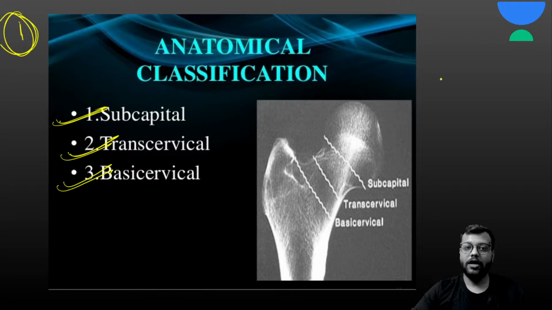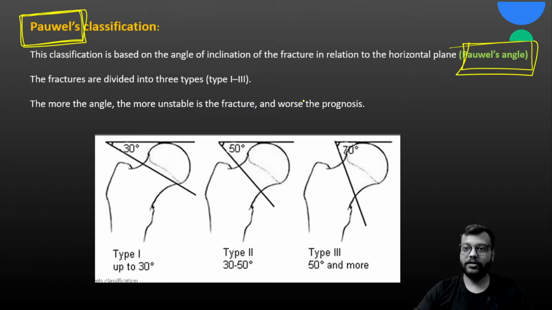Now second is the Powell's classification, based on the Powell's angle. What is Powell's angle? Powell's angle is the angle between the fracture line, here, and the horizontal line touching the superior border of the femur head.